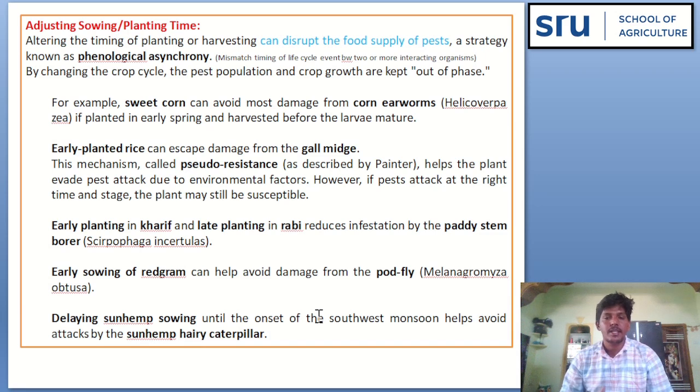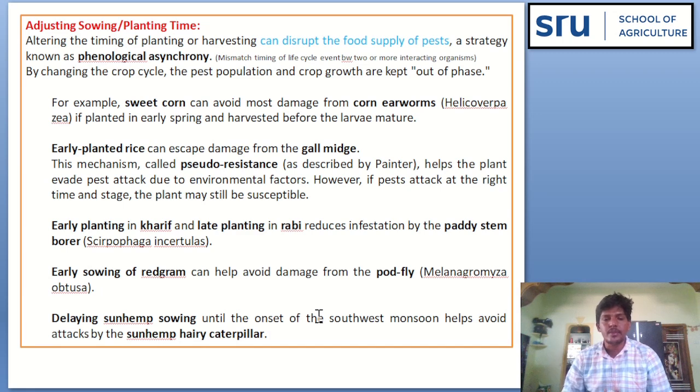We are mismatching the time of life cycle events by adjusting the sowing and planting time. See, for example, if we are planting sweet corn in the early spring and harvesting before larval maturity, we can protect our sweet corn from the corn earworm, that is Helicoverpa armigera.